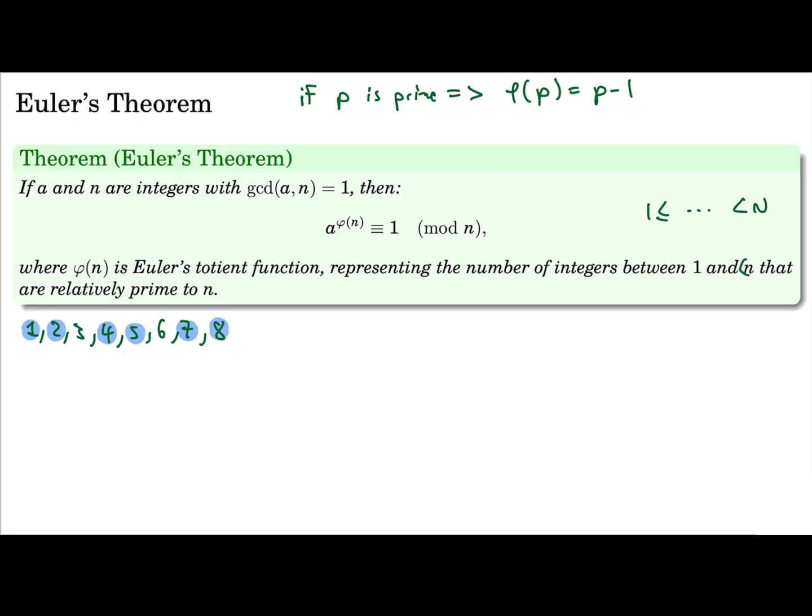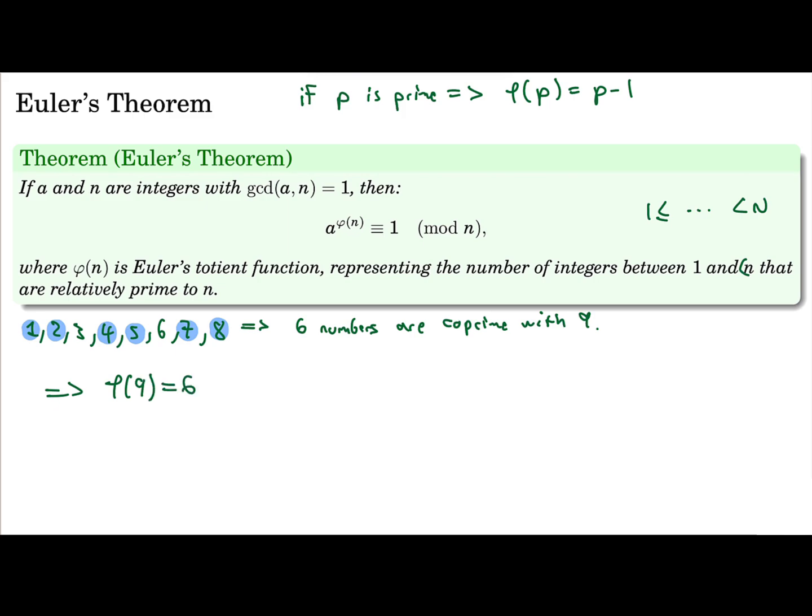So there are 6 numbers between 1 and 9 that are coprime with 9, and this means that the Euler totient function of 9 is equal to 6.